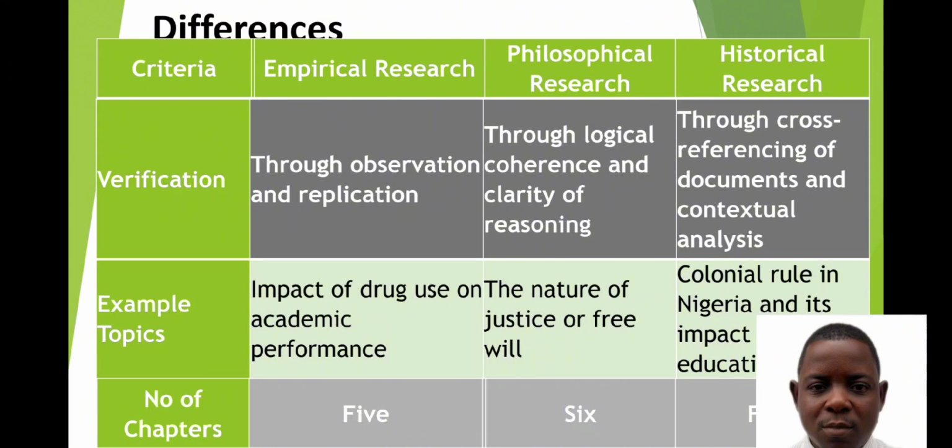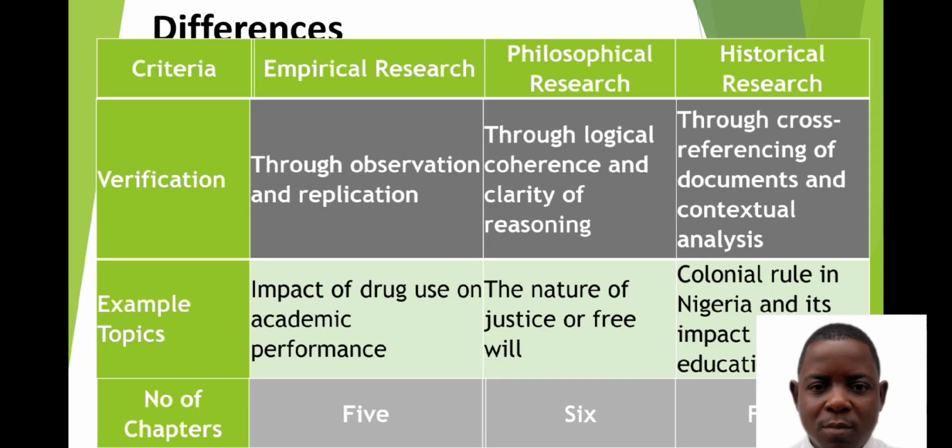So then, an example, like a topic example. A topic for empirical research could be the impact of drug use on academic performance. That's empirical work. Then if you have a topic like the nature of justice or free will, you begin to argue, you begin to bring out your reasoning concerning these things.